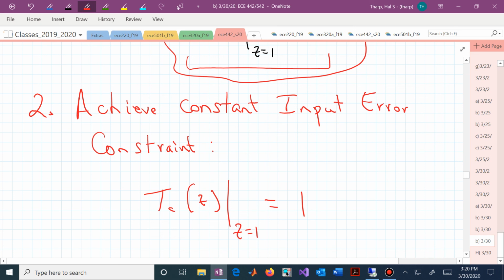First, address the velocity error constraint, and then use the leftover available parameters in T sub C of z to achieve this DC gain of 1 in your desired closed-loop transfer function. That now is explaining this Ragazzini controller formula and the restrictions.